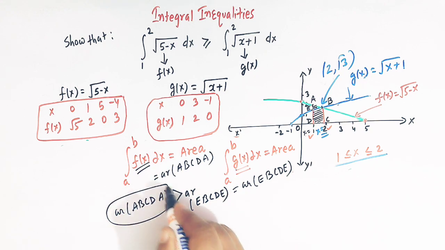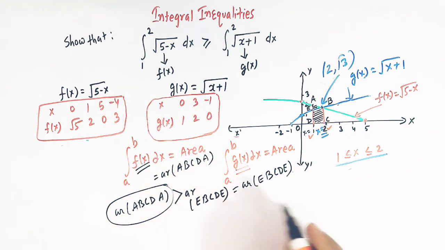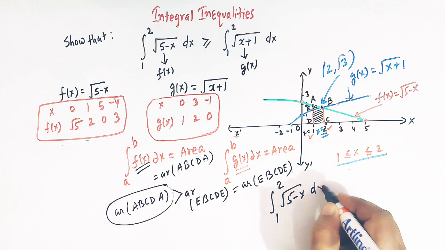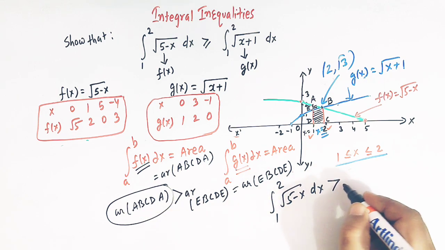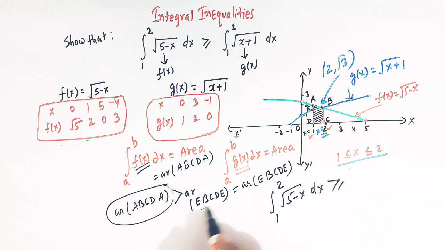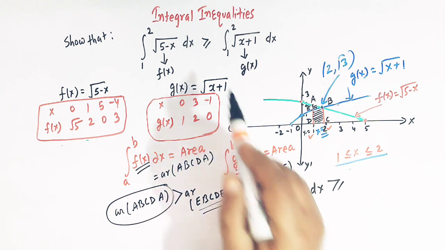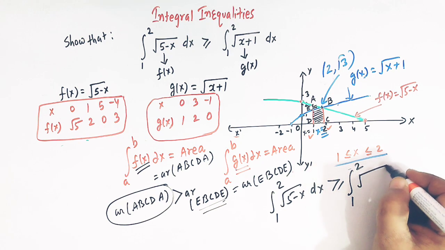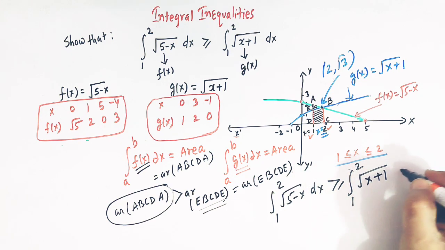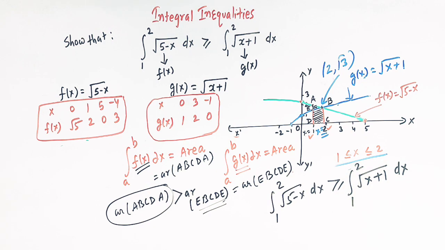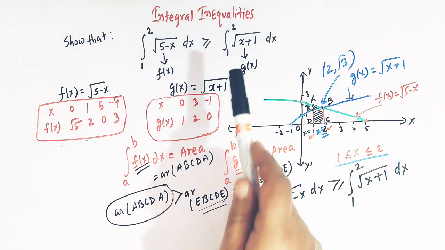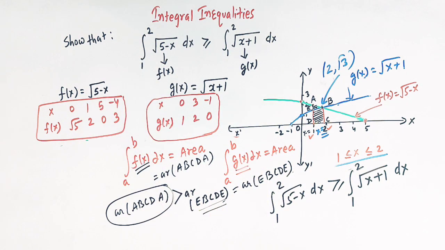And this area represents the integral from 1 to 2 of square root of 5 minus x dx, and this is greater than or equal to the area represented by the integral from 1 to 2 of square root of x plus 1 dx, right? So this is how, by the method of area bounded by curves, we can prove these kinds of inequalities.